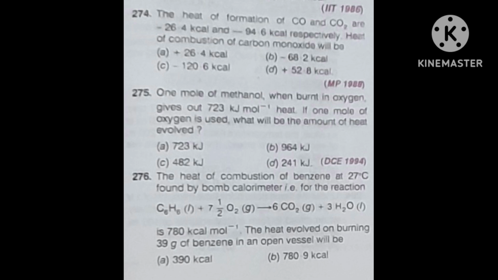The heat of combustion of carbon monoxide will be: first option plus 26.4 kilocalorie, second minus 68.2 kilocalorie, third minus 120.6 kilocalorie, fourth plus 52.8 kilocalorie. Read the question. See the question.